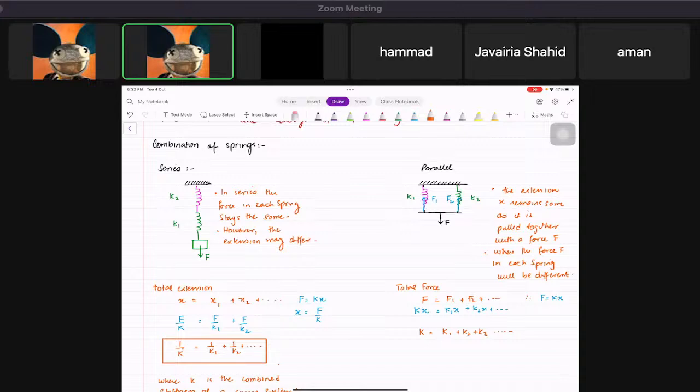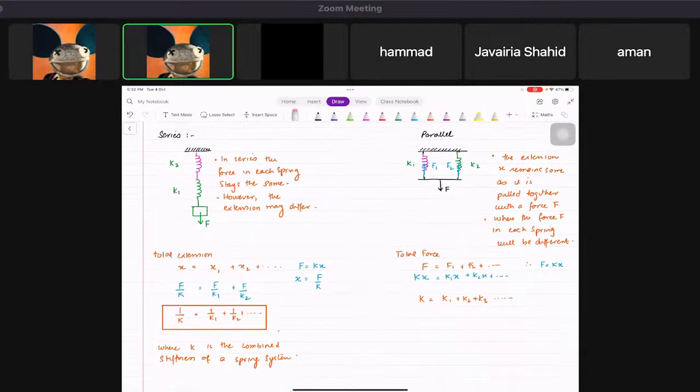And so on, whatever. So obviously, you just need to remember that the K is the combined stiffness of the system. That's what you guys need to remember, okay? Please let me know if you understand this.